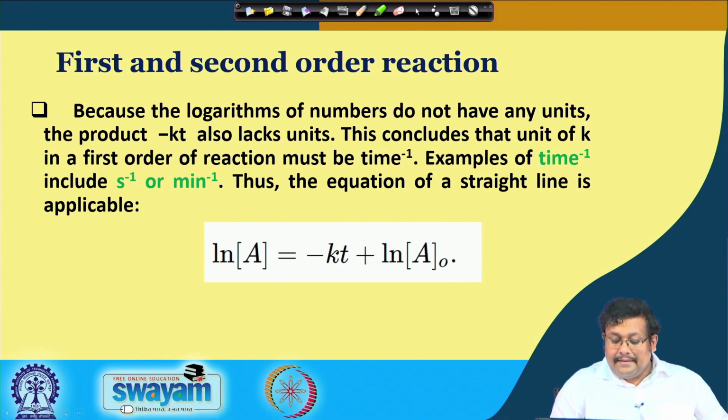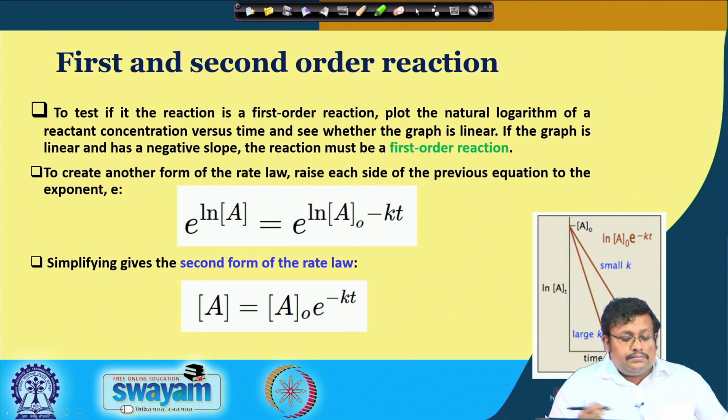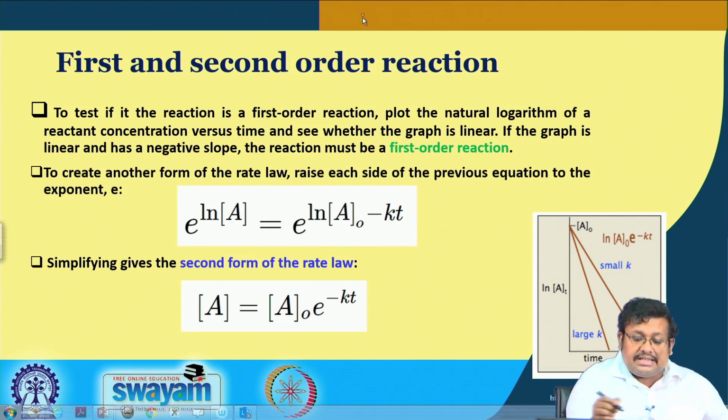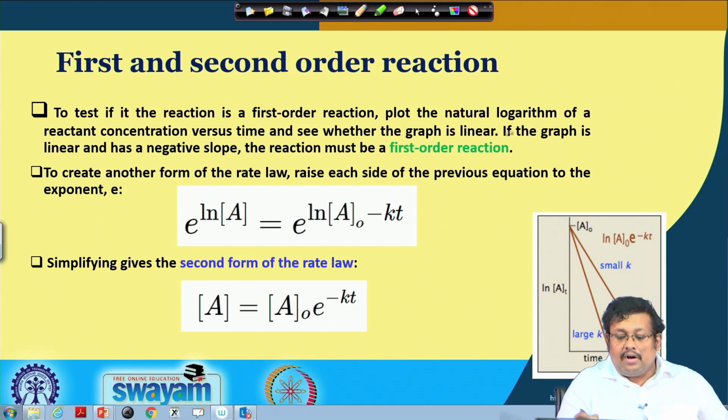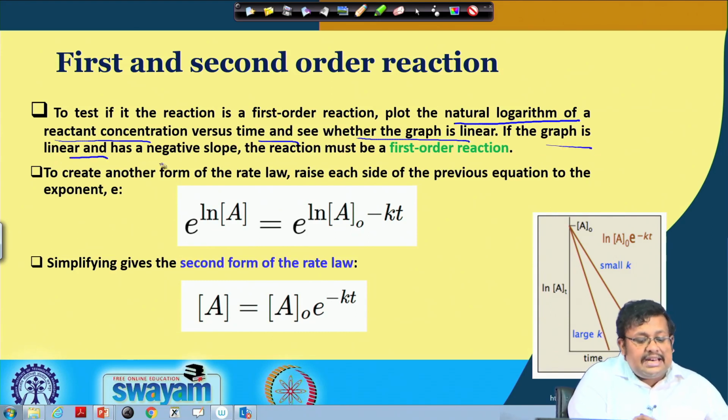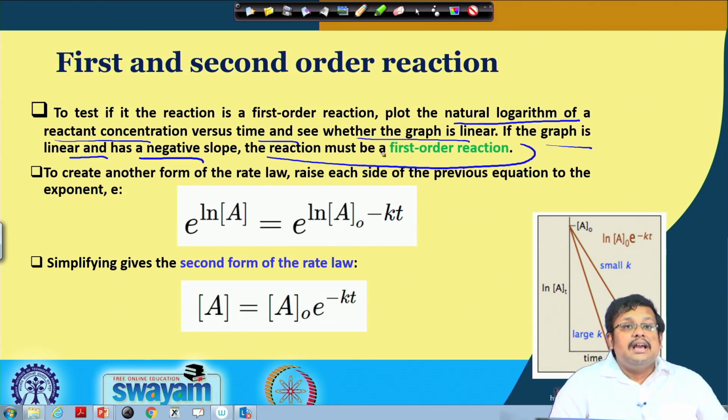So, to test if it is a first order reaction, you have to plot the natural logarithm of a reactant concentration versus time and see whether the graph is linear. If the graph is linear and has a negative slope, then the reaction must be a first order reaction.